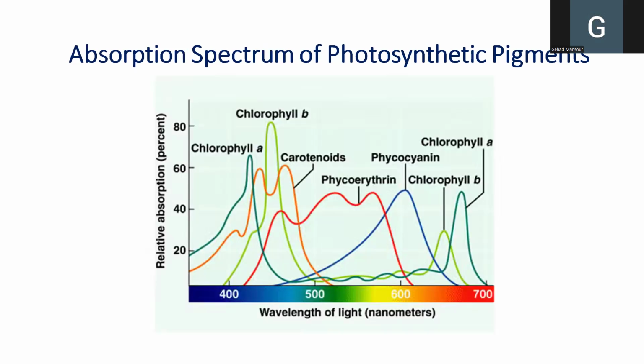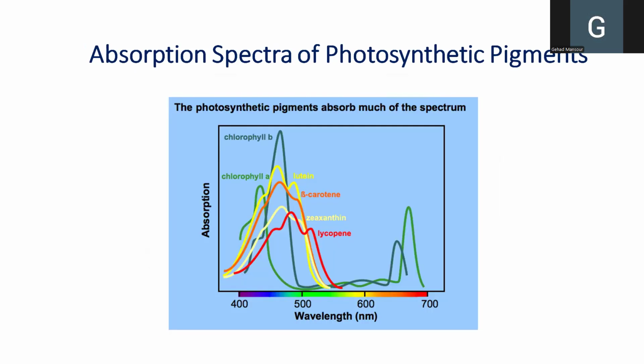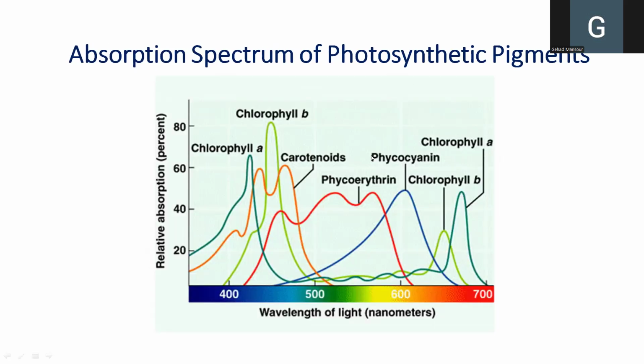Why am I saying this? Because there are certain pigments, like for example, phycocyanin and phycoerythrin, that did not figure on the previous graph. So if you are wondering why there is a second graph, this second graph is more explicit. It shows you the pigments that you saw on the previous graph and then other pigments.